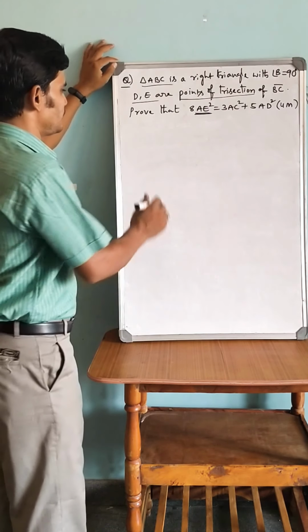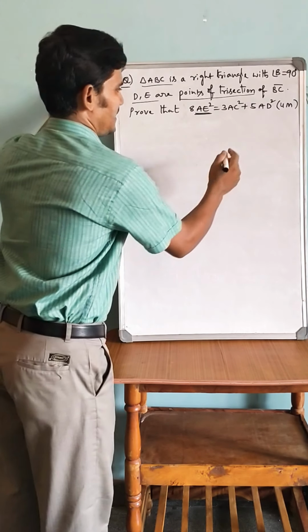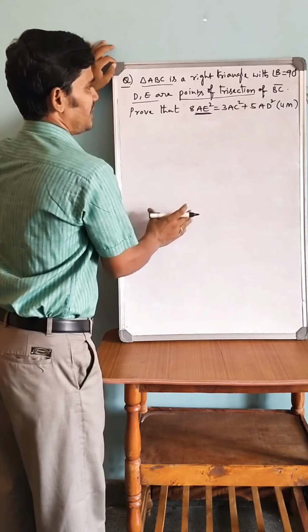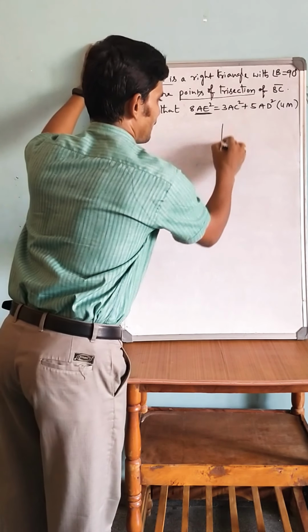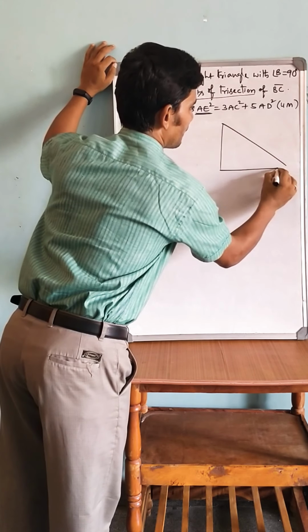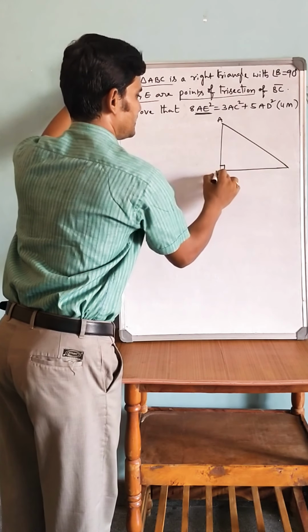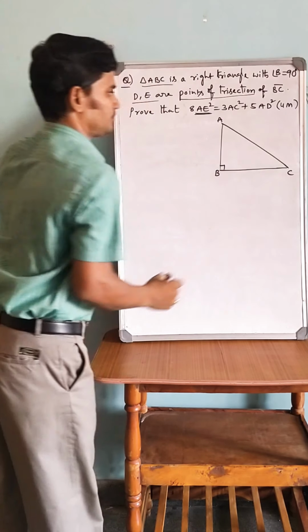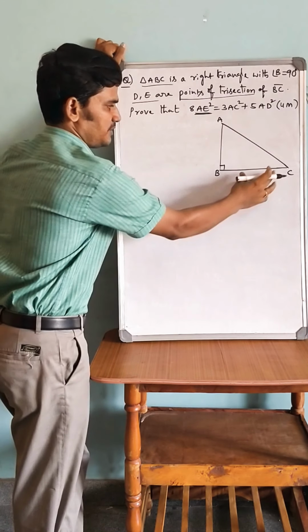See, before going to the proof, we have to construct a diagram. That is, we have to draw a diagram which fits this data. Here, ABC is a right triangle, and D and E are points of trisection of BC bar.